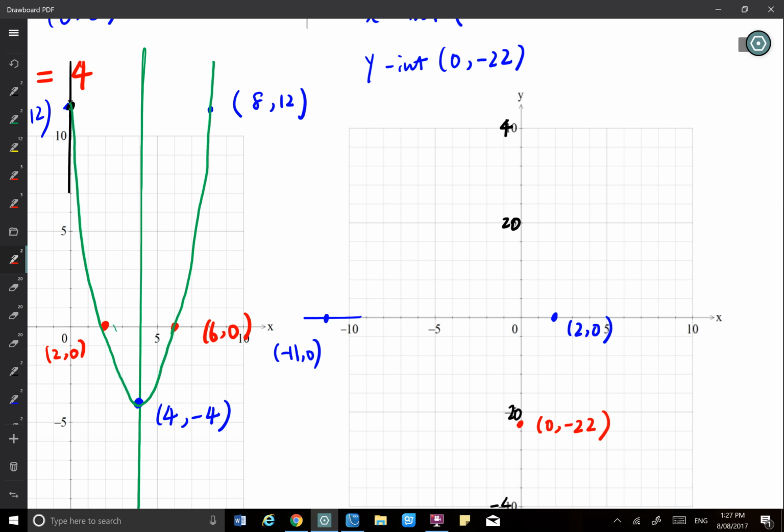What is the middle? Like the middle line of symmetry? How do we find the middle? So that's the next thing you need to think about. You have negative 11 now. You have 2 now. Where is the middle in between negative 11 and 2? So you use the same way to calculate that.